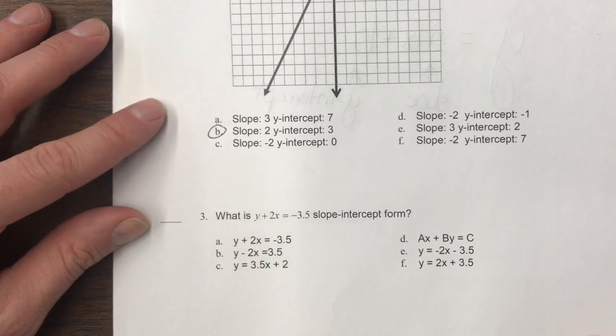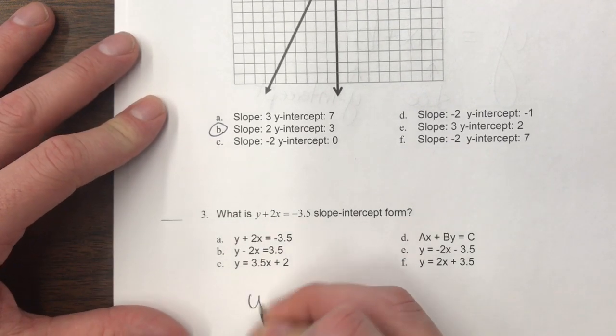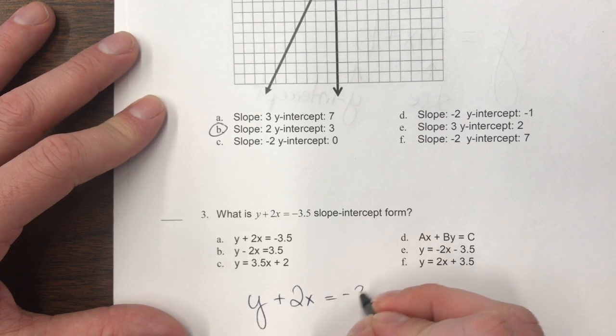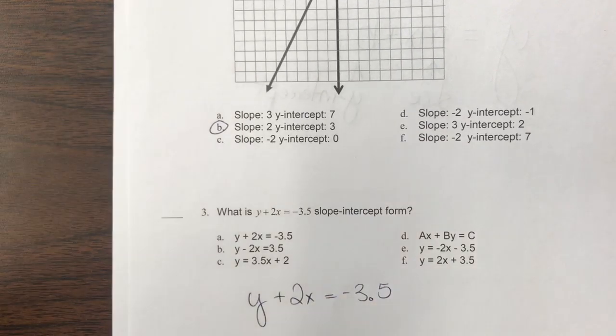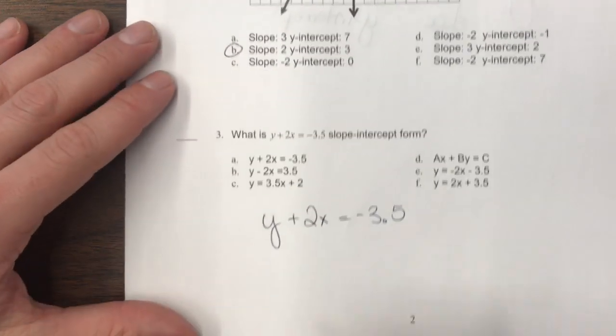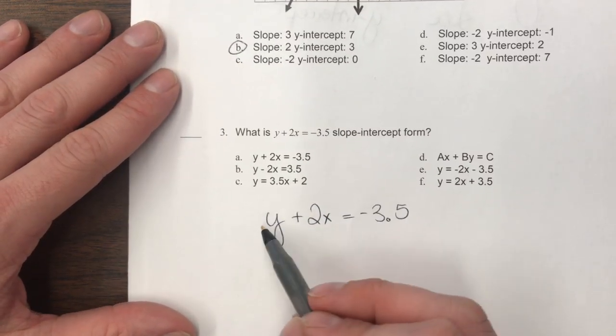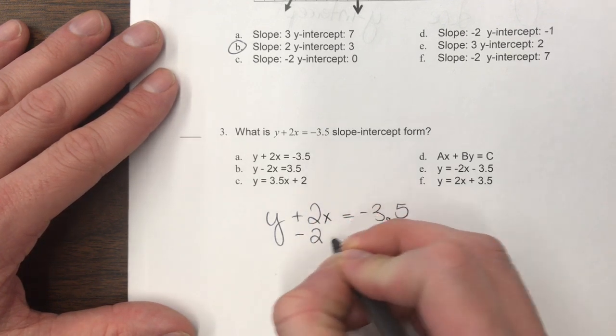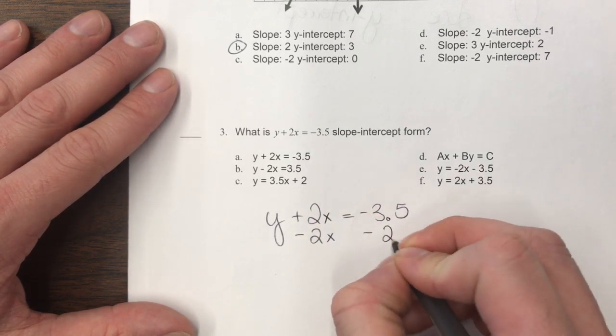What is y plus 2x equals -3.5 in slope-intercept form? What I have to do is get y all by itself. Y is not all by itself on the left because positive 2x is in the way, so the way we get rid of that is we subtract 2x.